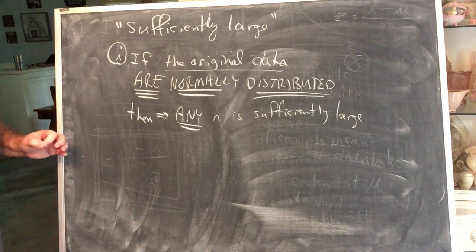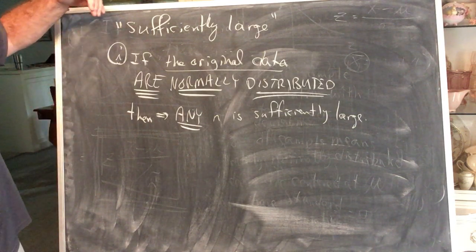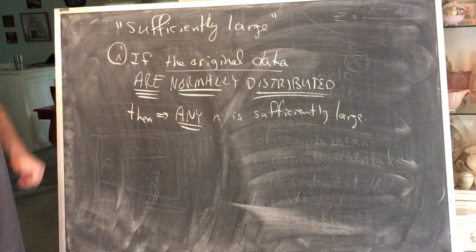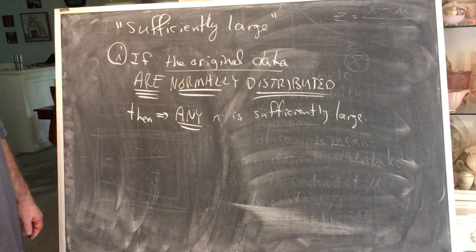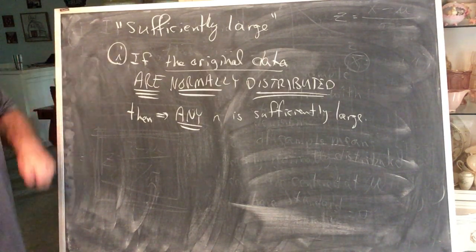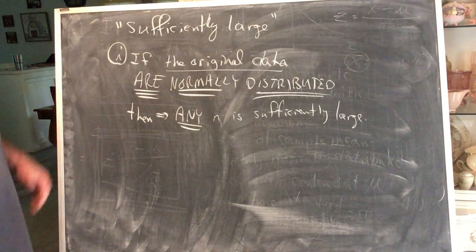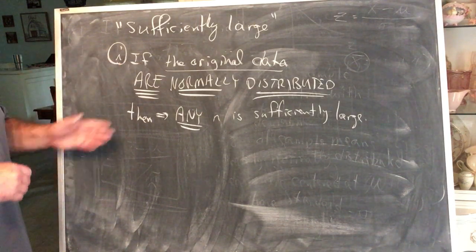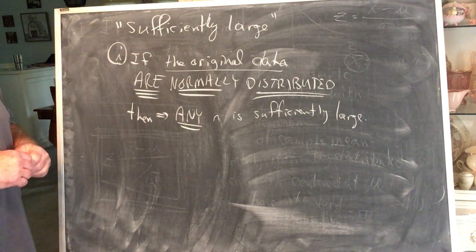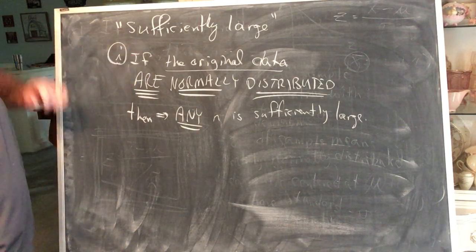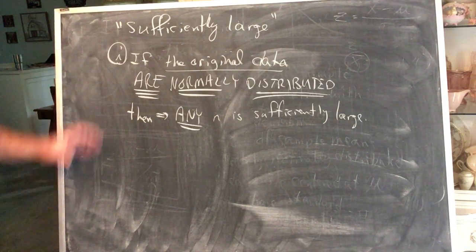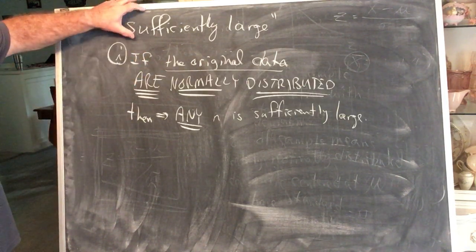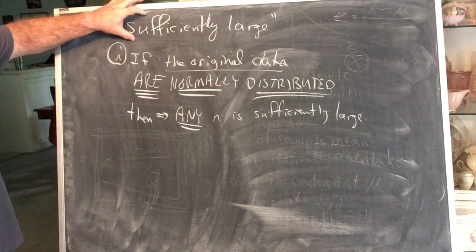So, if the problem says a sample of size 5 is taken from a population which is known to be normally distributed, well, you've been given that the population is normally distributed, and so a sample of size 5 is sufficiently large. If that phrase is stated somewhere in the problem, then any sample size is large enough, you have met the standard, and you're good to go.